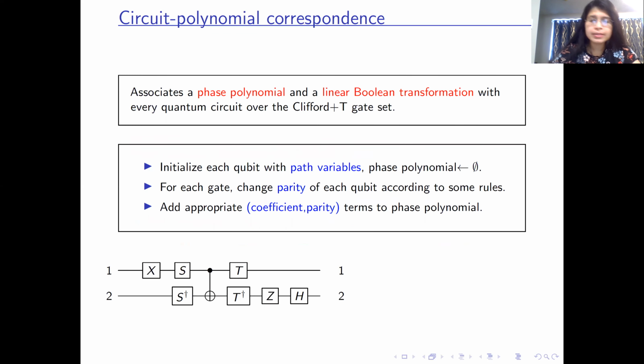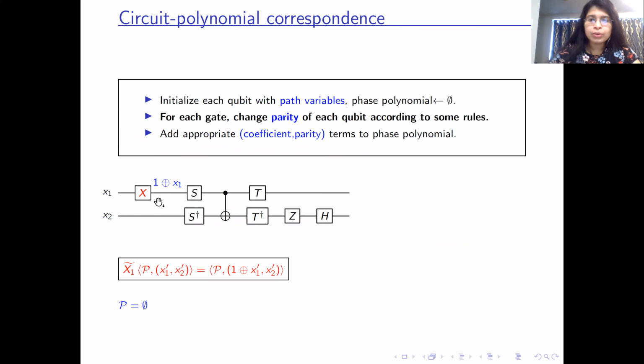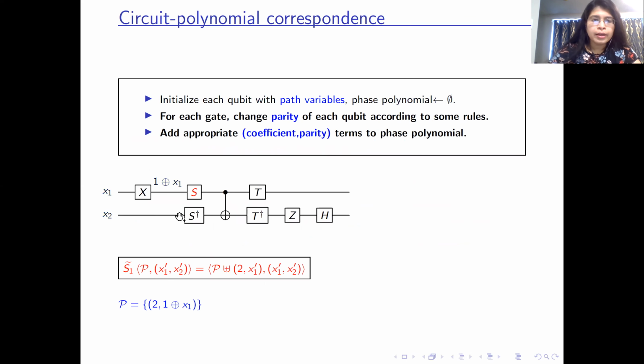For example, consider the circuit which is shown. Now if the X gate acts, we know it flips the state of the qubit. So the parity changes to 1 ⊕ x1, nothing gets added to the phase polynomial. If a phase gate acts, then we add 2x1' to the phase polynomial.